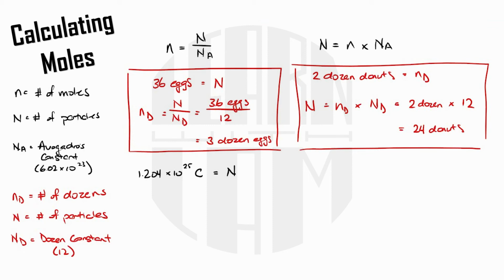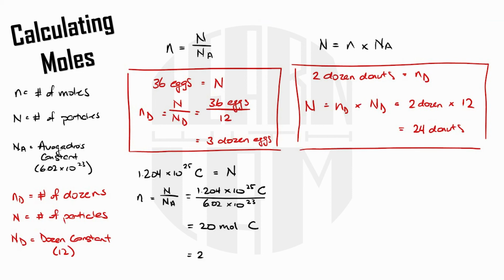This time I'm using the real equation, so number of moles equals the number of particles divided by Avogadro's constant, not the dozen constant. And so that is 1.204 times 10 to the power of 25 divided by 6.02 times 10 to the power of 23. That gives me 20 moles of carbon.